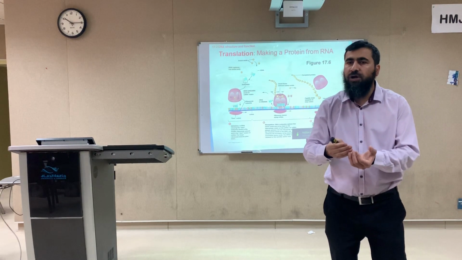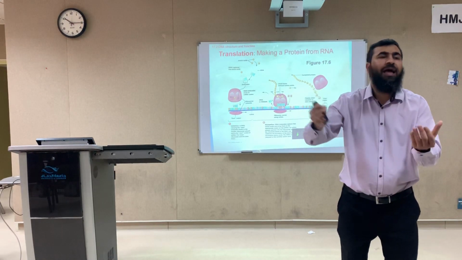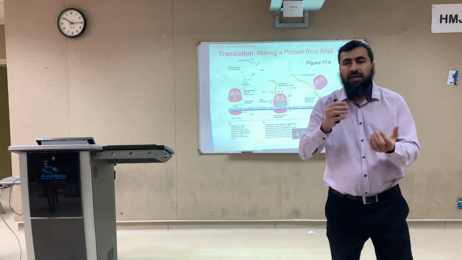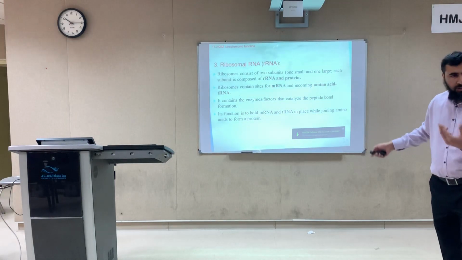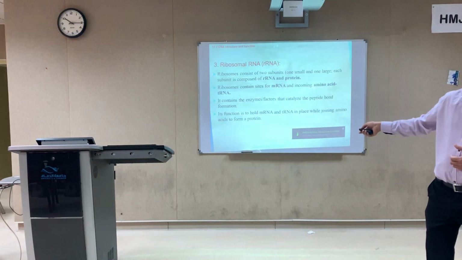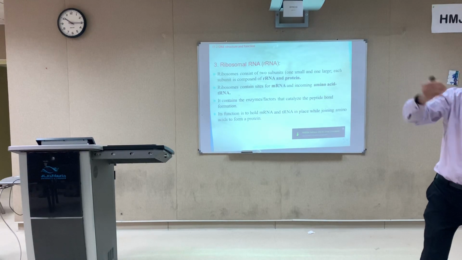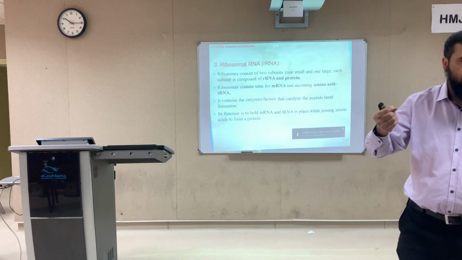The ribosomes have the ability to bind to messenger RNA, and also to the tRNAs that are bringing the amino acids, okay? That's important because it needs to bring all these things together to read the code and add the amino acids one by one. So the ribosomes have the sites to bind to messenger RNA first, okay? Once it does that, it also has the ability to bind to the tRNAs carrying the amino acids.